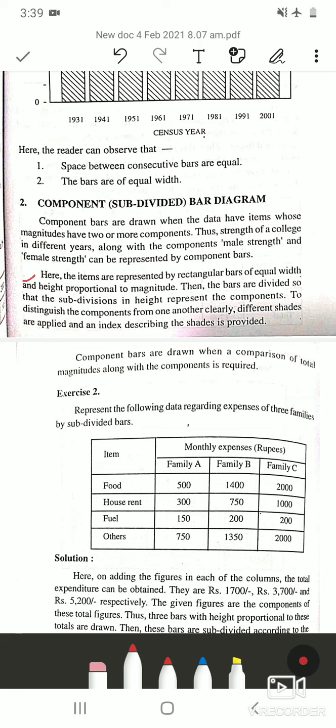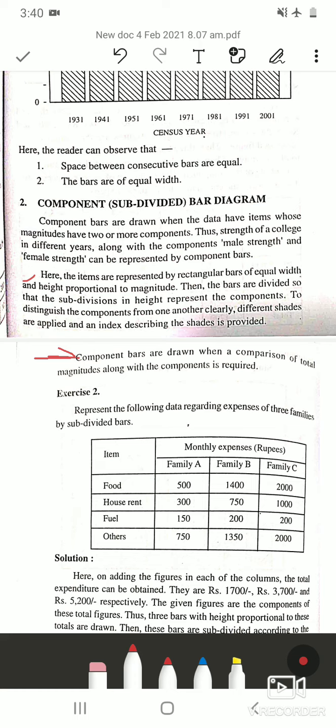Component bar diagrams are drawn when comparison of total magnitudes along with components is required. So this is important. So when we'll be plotting component bar diagram is whenever we want to make a comparison of the total quantity or the total magnitude along with the components. So then we will go for component bar diagrams.